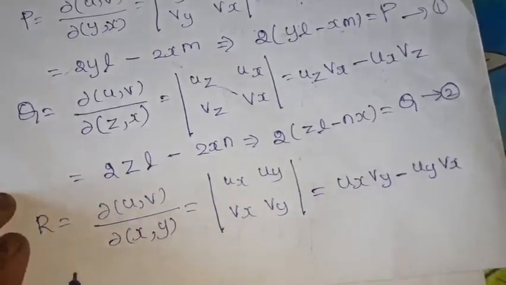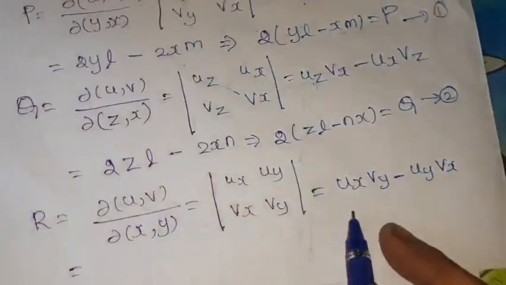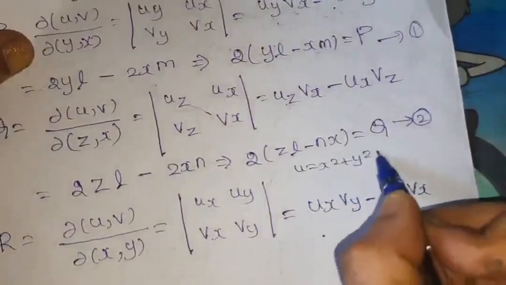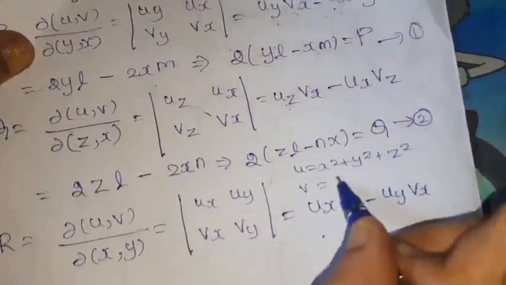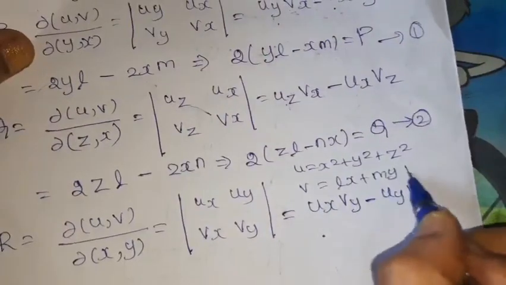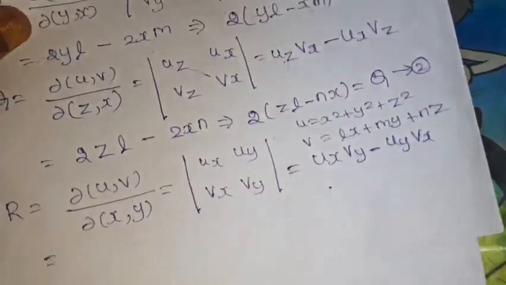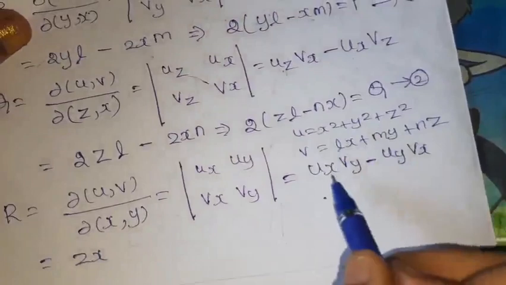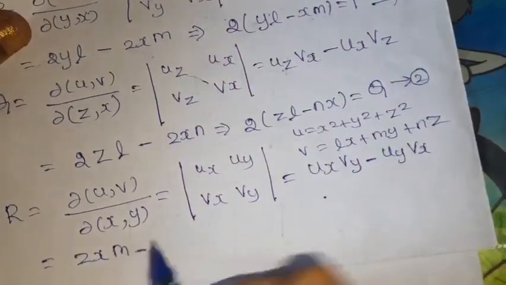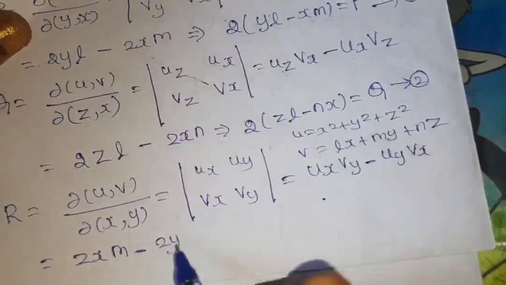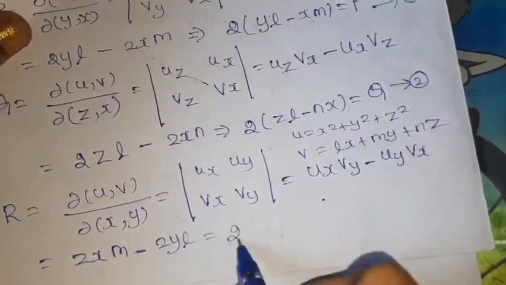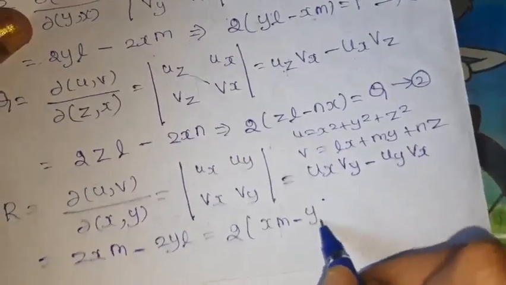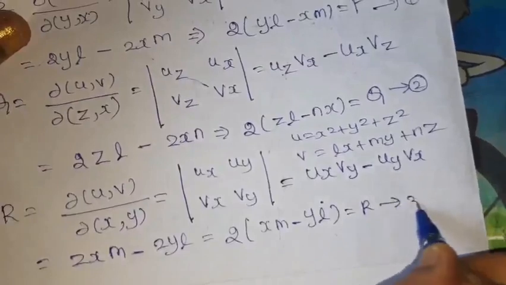So from this equation, what is ux? u equal to, I am writing here, what is the u equation? x square plus y square plus z square. v equal to lx plus my plus nz. ux, what is ux? 2x, right? 2x m minus what is uy? 2y l. Taking 2, xm minus yl equal to R. Say it is equation number 3.